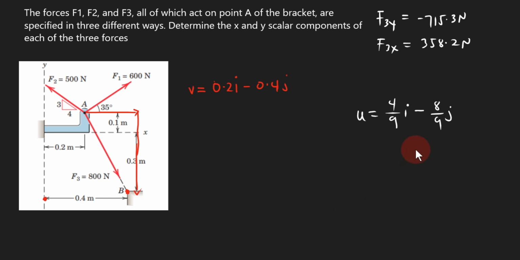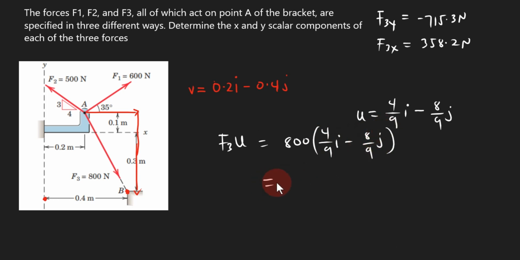So let's multiply the unit vector by the magnitude of the force, which is 800 newtons. F3 multiplying u will be 800 multiplying 4 on 9i minus 8 on 9j.